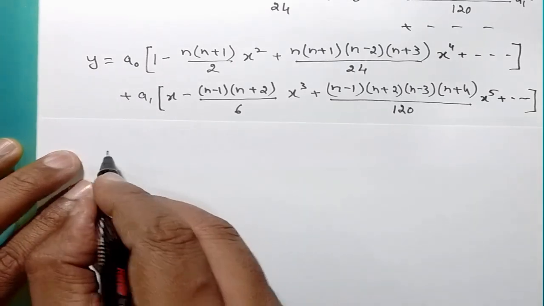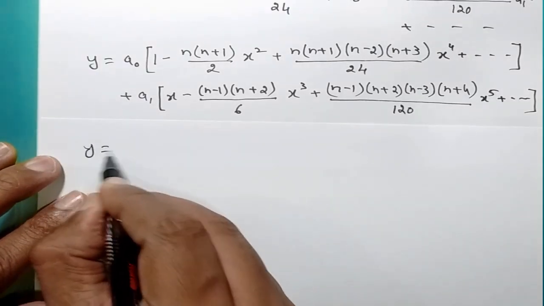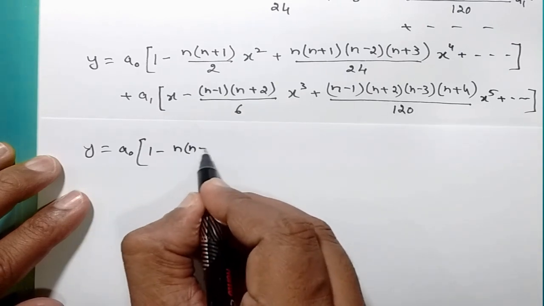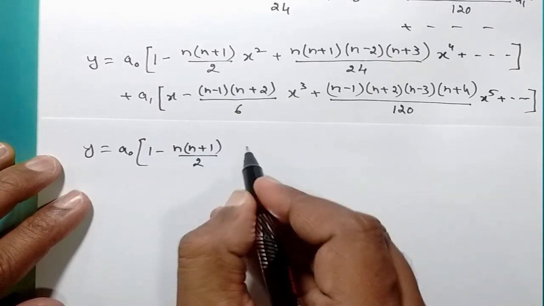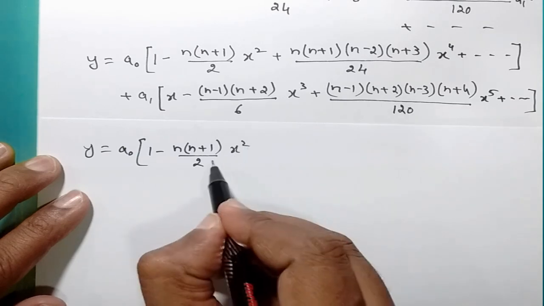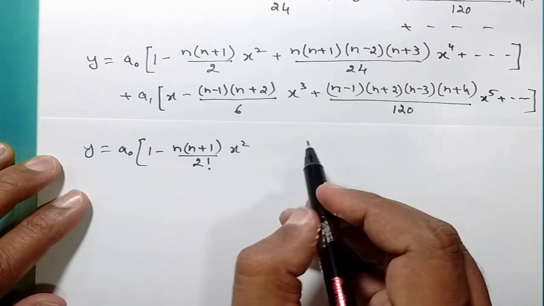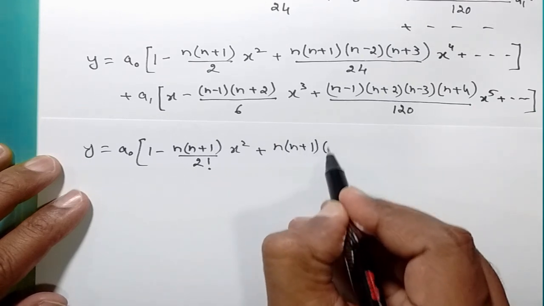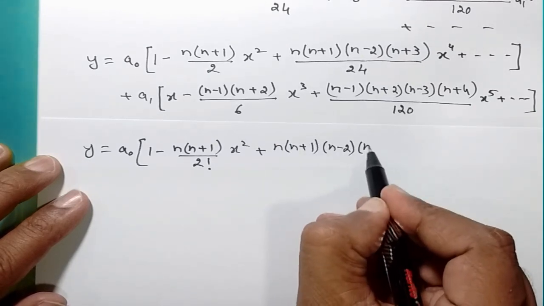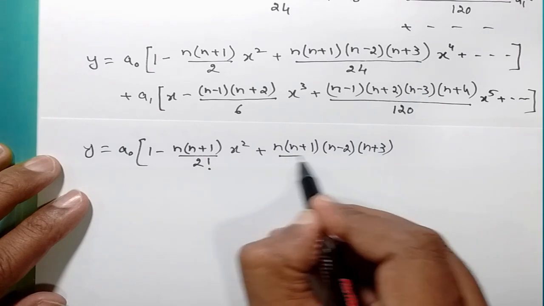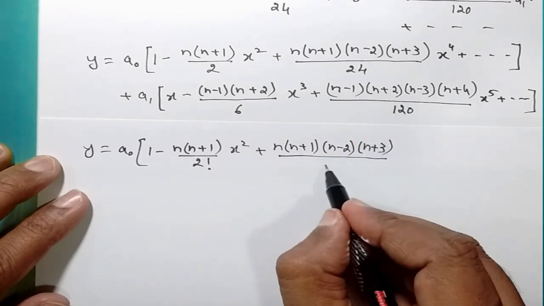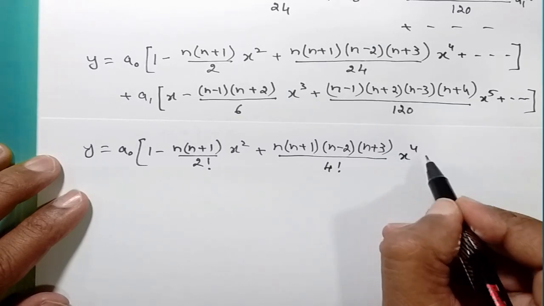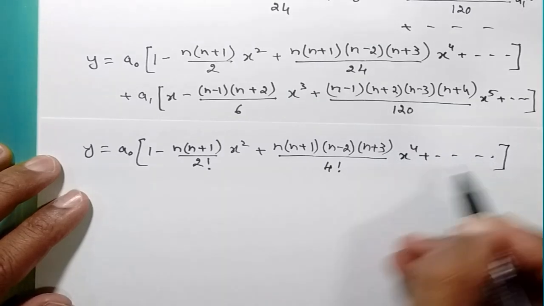So further you can simplify this one. y is equal to a0 times, it is 1 minus n into n plus 1 divided by 2 into x square. You can write this 2 as 2 factorial, which will be 2 itself, plus n into n plus 1 into n minus 2 into n plus 3 divided by this 24, which can be written as 4 factorial, 24, times x power of 4 and so on.